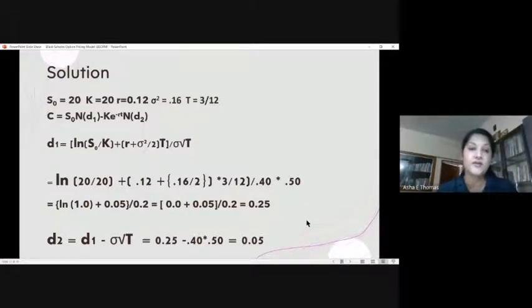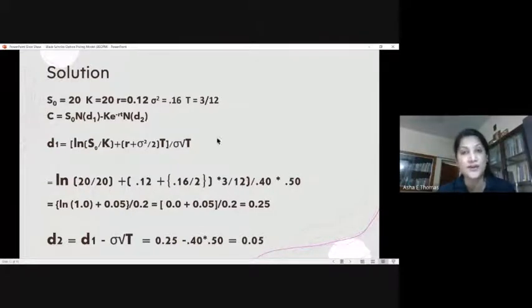And then we know that R in this case is 0.12. So we have substituted the values here, and we are given the value for variance, which is 0.16, and that is divided by 2, and the whole is multiplied with 3 by 12. Because 3 by 12 is nothing but 3 months out of 1 year.